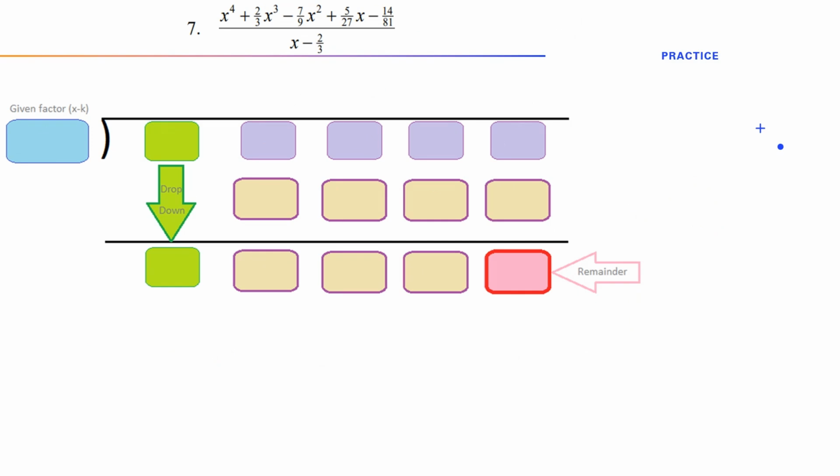Okay, so for this one, we have x to the 4th, it will be 1, then x cubed, 2 over 3, x squared, negative 7 over 9, x, 5 over 27, and then the last number is negative 14 over 81.